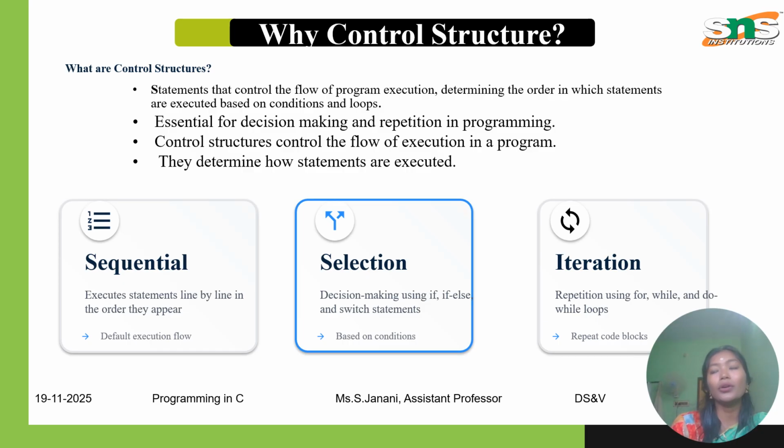Why are we using this? It makes programs more flexible and efficient, with more problem-solving capabilities in programming. The control structure acts as decision making. For example, if we consider checking the age, only after 18 do we have the right to vote. If the age calculated is below 18, it is rejected; otherwise it is selected for voting.